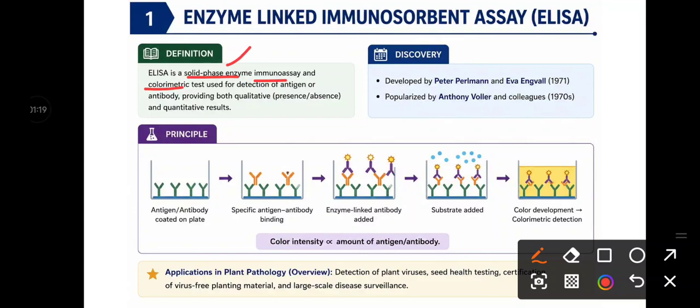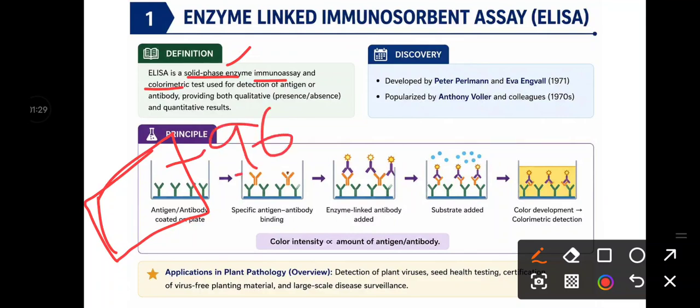Because here in ELISA we use a microtiter plate. This is a rectangular plate of 96 wells, and in those wells the antigen as well as the antibody will be coated, and then the reaction will occur.